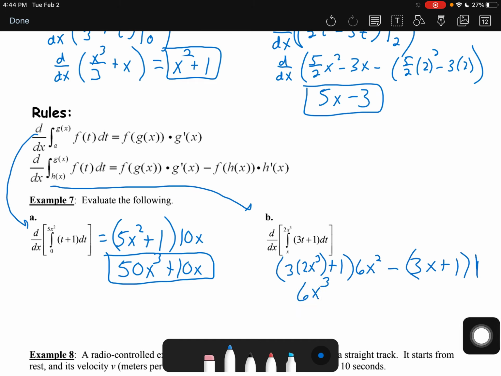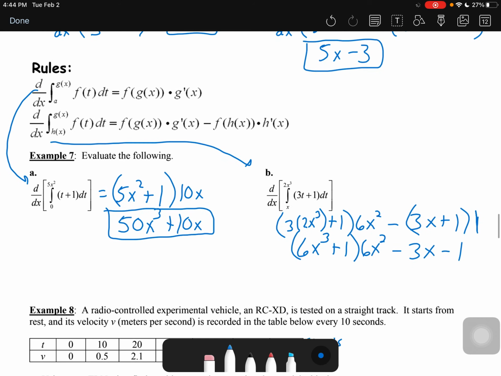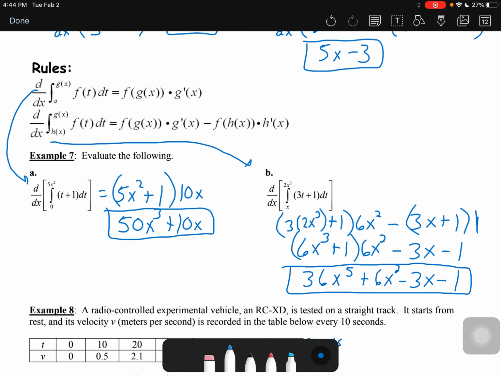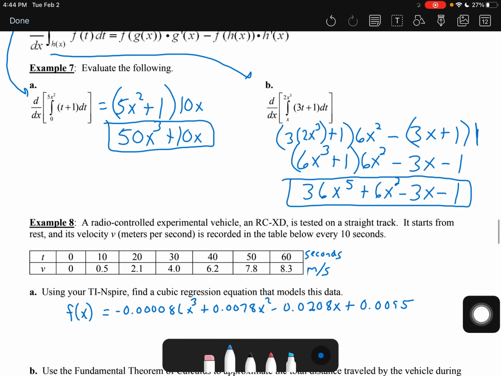So I'd have 6x to the third plus 1 times 6x squared minus 3x minus 1. And so I could simplify this a little bit more. I'd have 36x to the fifth plus 6x squared minus 3x minus 1. Okay, so that would be how I would apply these two rules to the situation we have right there.